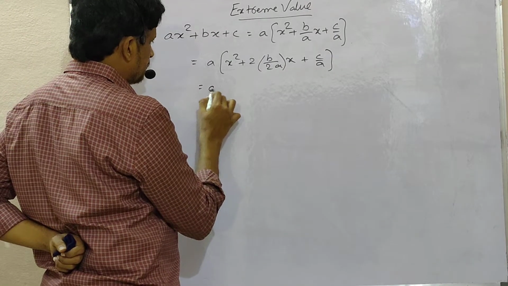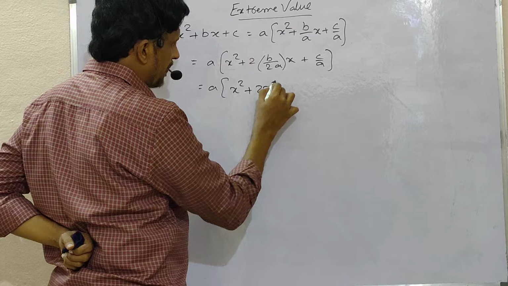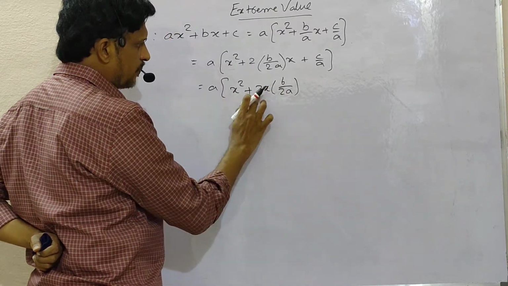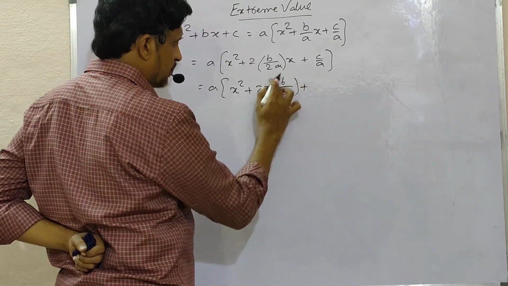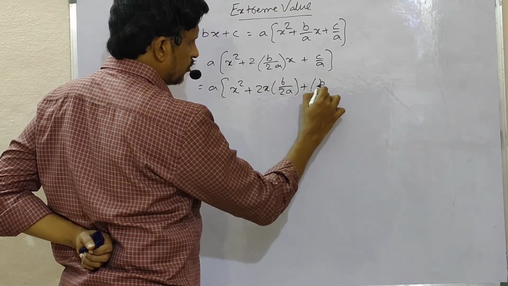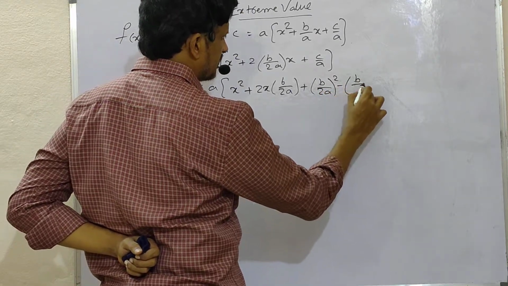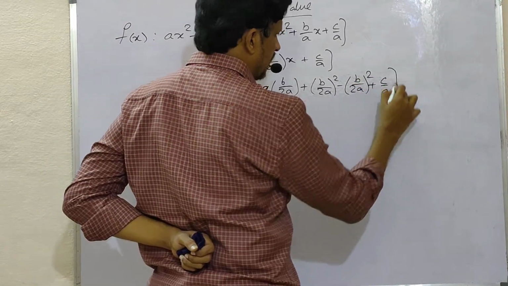And now this is x square plus 2 into x into b by 2a. This is in the form of a square plus 2ab plus b square, where b square means b by 2a here. So adding and subtracting b by 2a whole square, you will get it like this.